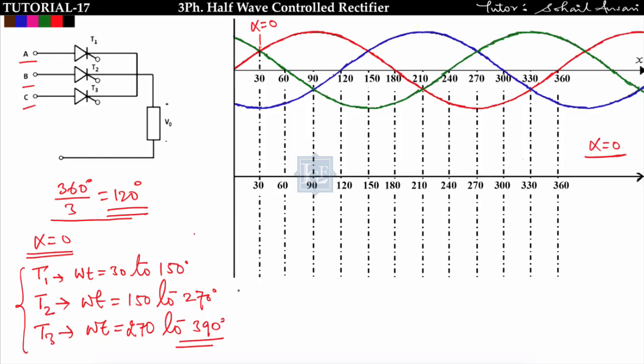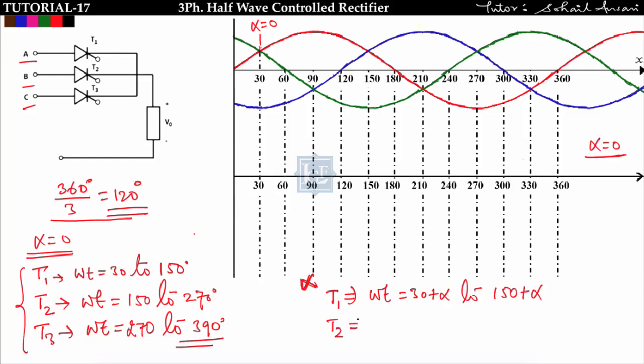If I have to talk about any kind of alpha, let us say I am triggering the thyristors at some angle alpha, then T1 will start conducting from omega t equal to 30 plus alpha to 150 plus alpha.